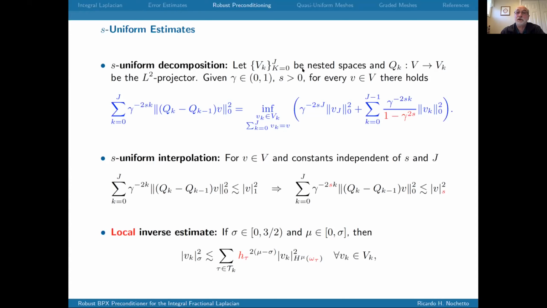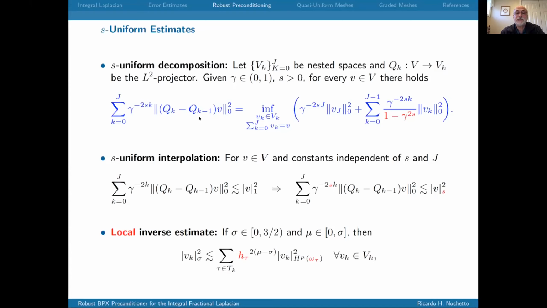The only thing that matters is that they are nested, and you have the QKs that are the L2 projectors. So you look at these slicing operators. These are projections on the VK spaces, orthogonal to the previous ones. The sum of this gives me a decomposition of V.